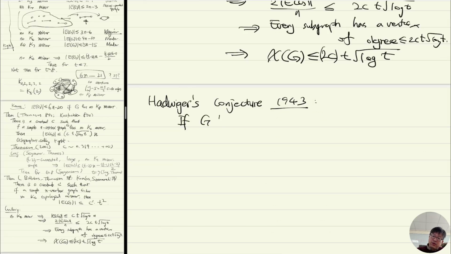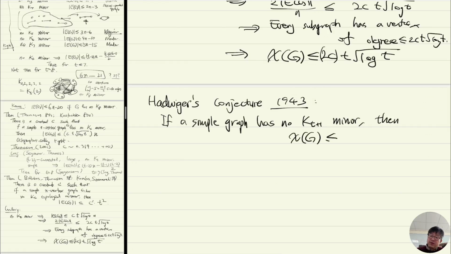If a simple graph has no K_{t+1} minor, then its chromatic number is at most t.